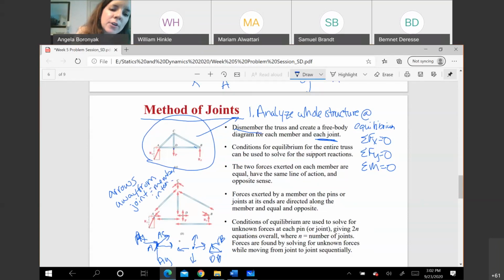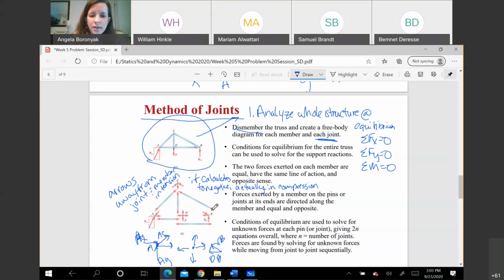So my default is going to be that my member is in tension. If I end up calculating values for the force in CB or the force in DB here in these members, and I get a negative value, then all that meant is that it was actually in compression instead, not in tension.